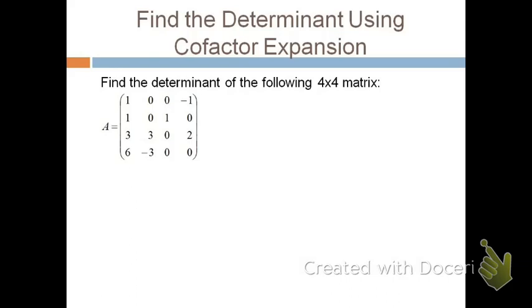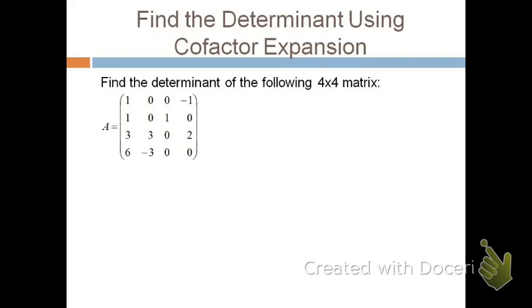This is the 4x4 matrix that we looked at earlier, and in the past we found an expansion of it. Now, knowing that we can use any row or any column using our cofactors, what would be a wise way to choose how to do an expansion to find this determinant?